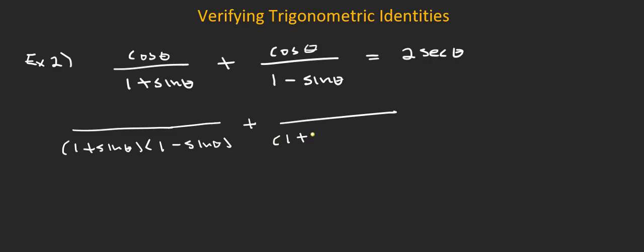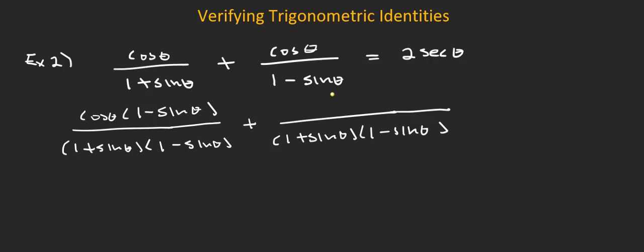Let's see how the numerators change. So you need 1 minus sine theta. It will be cosine theta times the quantity 1 minus sine theta. Over here you need 1 plus sine theta. You need cosine theta times the quantity 1 plus sine theta.